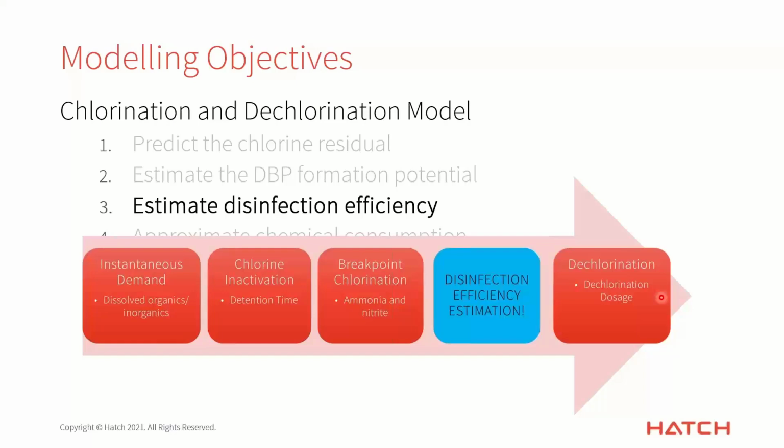It's basically just before we do the dechlorination. And this is a good thing to note because even if you are overdosing chlorine to ensure a very intense disinfection, and then doing a very heavy dechlorination, you're not going to lose any information in the model. That way, the model will capture that behavior well.